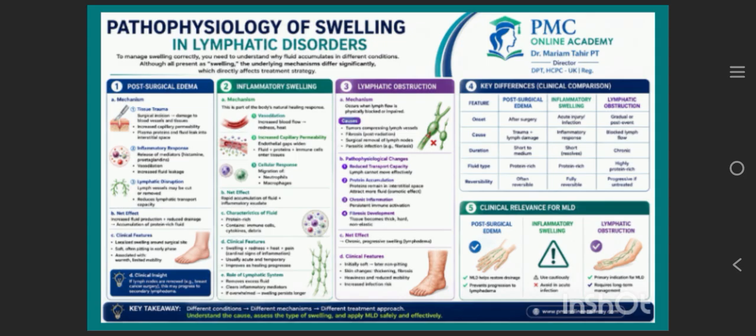What is the cause of post-surgical edema? The cause is trauma plus lymph damage, the cause of inflammatory swelling is the inflammatory response, and the cause of lymphatic obstruction is blocked lymph flow.